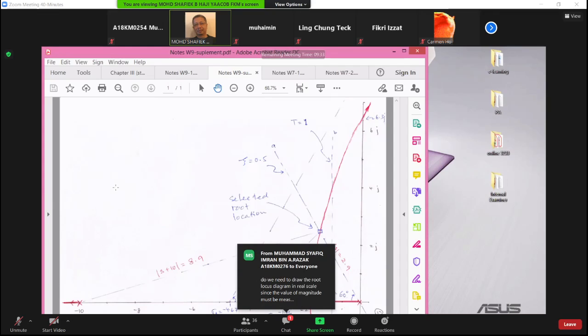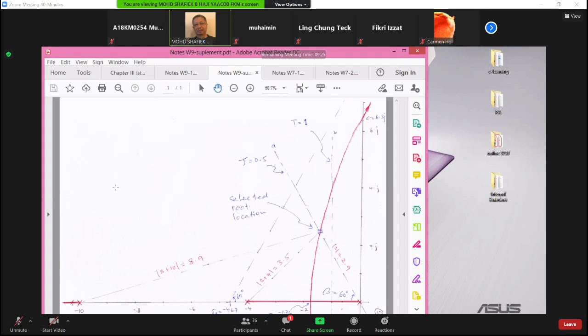Do we need to draw the locus diagram in real scale since the value of magnitude must be measured? Of course. In your test, in the examination hall, you will be given a graph paper. You need to draw this to scale.